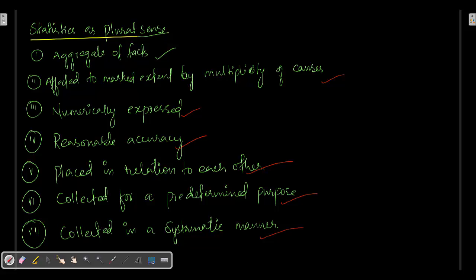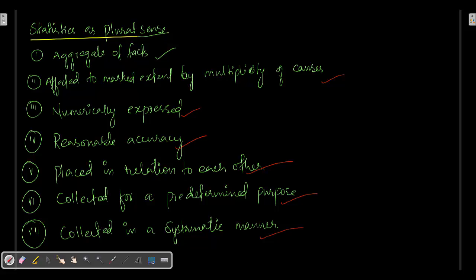So when you are collecting all the facts and putting them in a table, you are collecting all the facts and figures. That is why the first thing is that it is an aggregate of facts. By statistics you mean aggregate of facts affected to a marked extent by multiplicity of causes. It is numerically expressed, or estimated to reasonable accuracy.